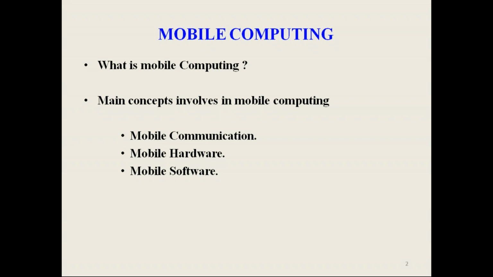Then the main concept involved in mobile computing is mobile communication, hardware and software. Communication means you are transferring the data between two or more devices, from one device to another device.